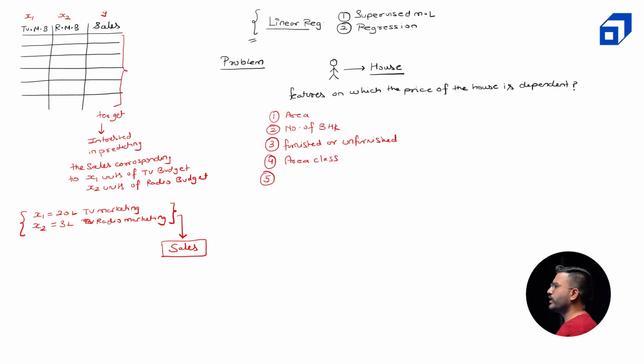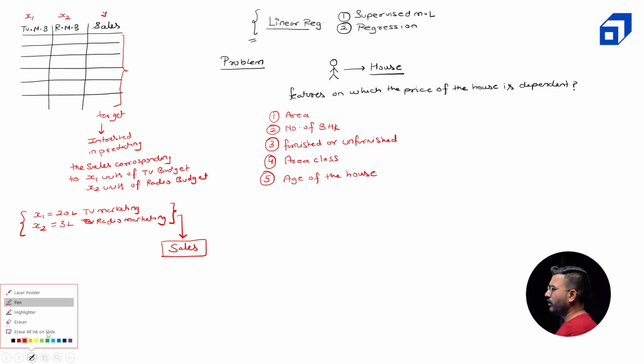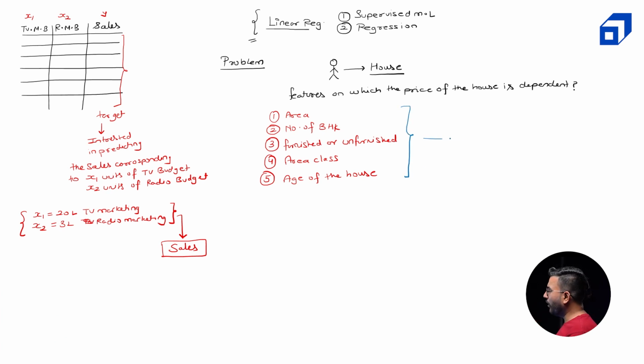Maybe one more feature can be the age of the house. Now let's limit ourselves to only these features, but we can all understand one thing. All these features are going to somehow influence the final price of the house, right?